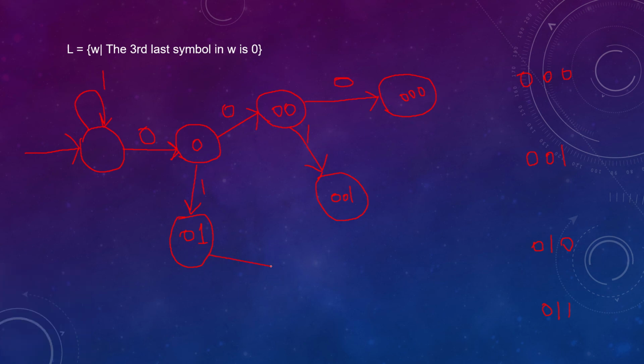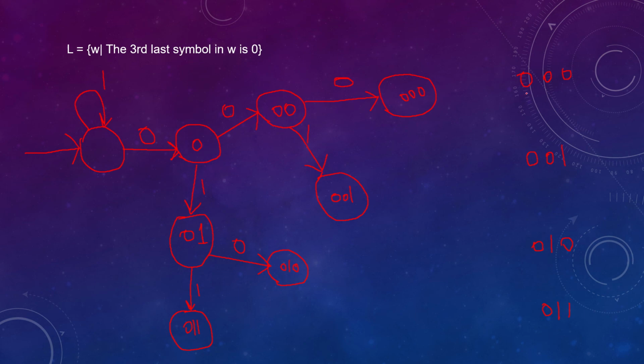So for 0 it will be 0 1 0, and for 1 it will be 0 double 1. Now from these four states we will again have 0 or 1. So where will we go now?